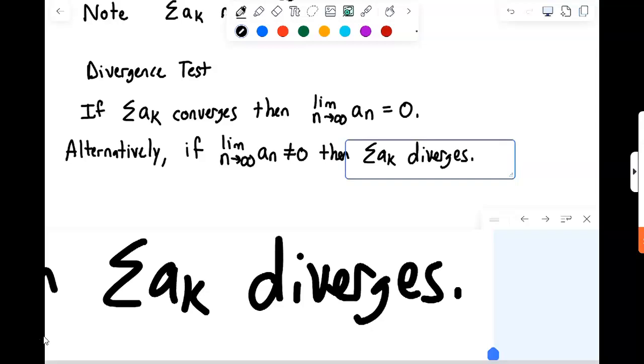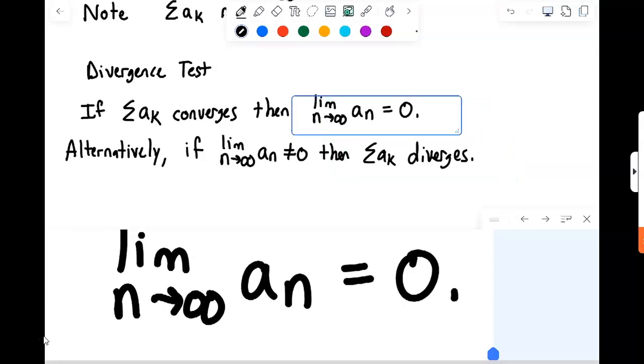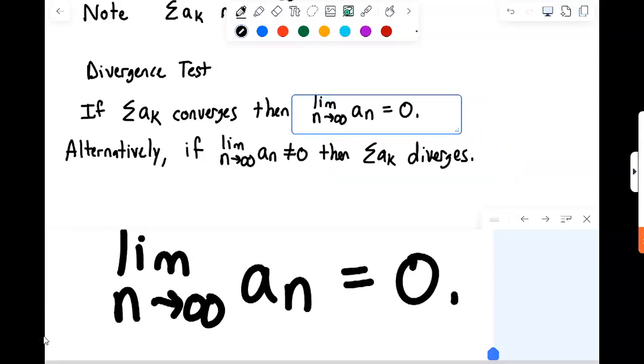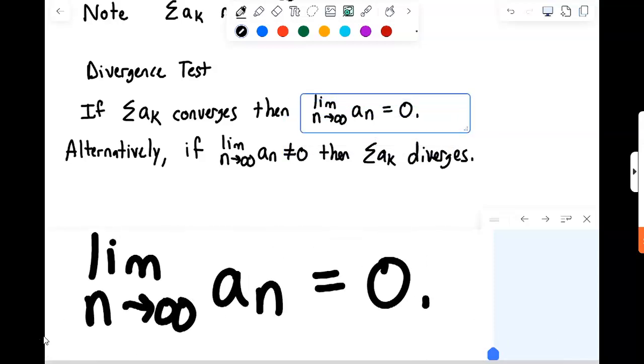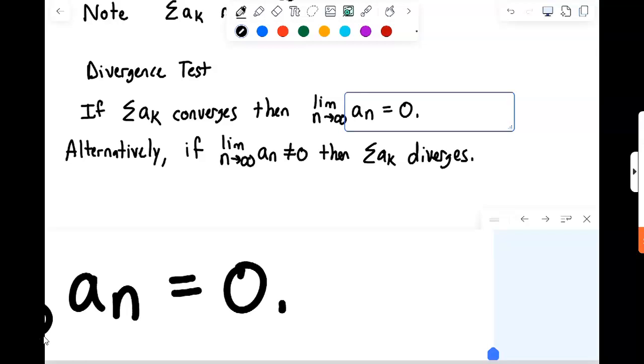Now, again, we've stated this previously, just because the underlying sequence goes to 0 doesn't mean that the series will converge. So when we take the limit of the underlying sequence and we get it equaling 0, we can't say it converges. What we would have to say there is it's inconclusive.